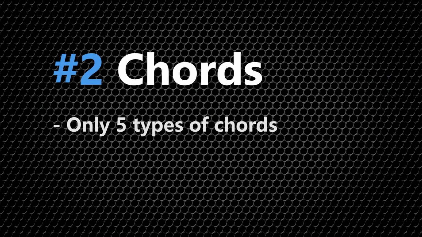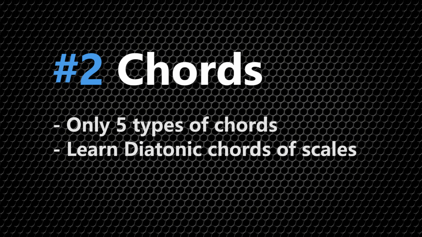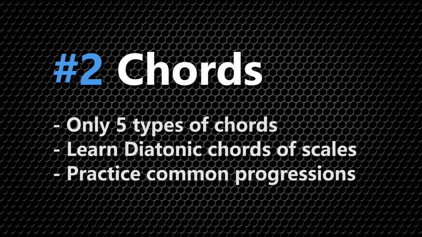And really you only need five types of chords to get started in playing jazz standards: a major 7, a minor 7, a dominant 7, a minor 7 flat 5, and a diminished chord, and then you can play pretty much everything that's there. The best way to practice them is in diatonic progression, just through a scale, or maybe in common progressions like 2-5-1s or 1-6-2-5s.